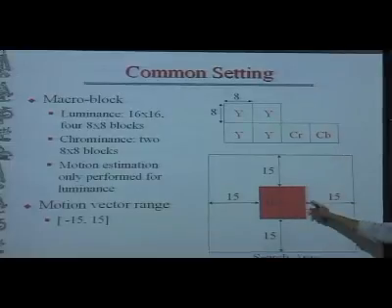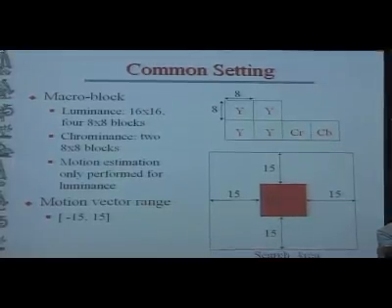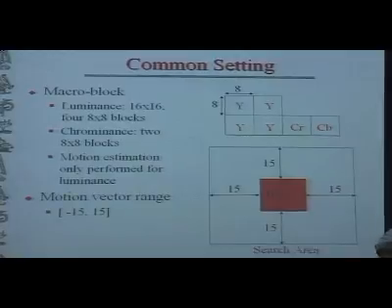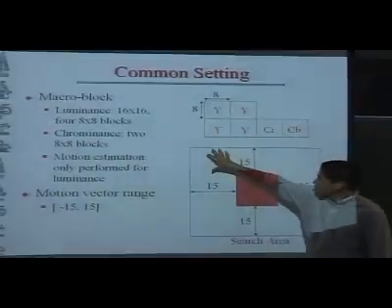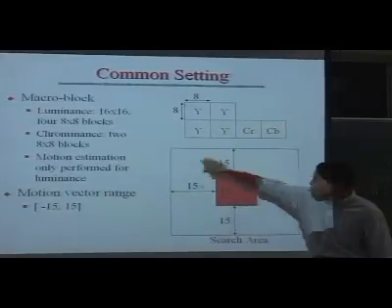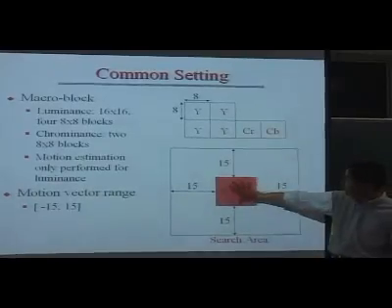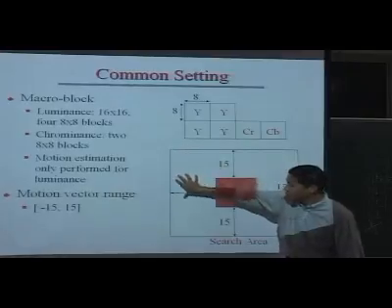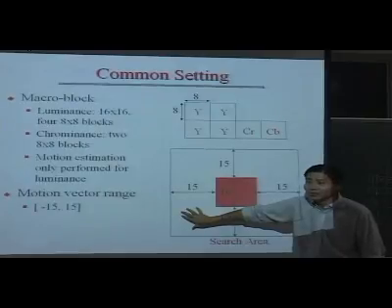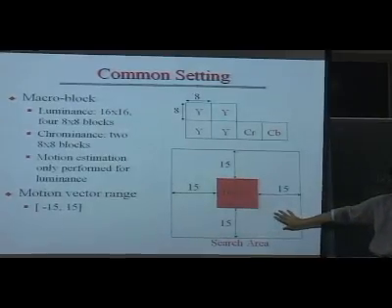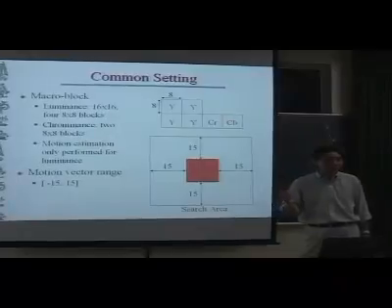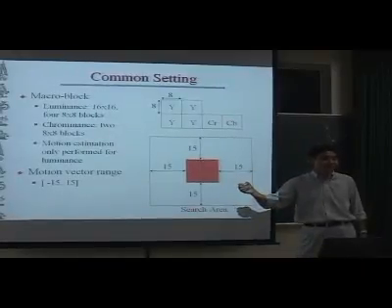So how many dots do we have in this search area? 30 here and 30 there, because you're going to take this red box and put it here, and then you move down. How many times are you able to move down? 30. And you'll be able to move over by another 30. So 30 squared, that's 900, almost 1,000, and then you multiply by the 256 that we need.